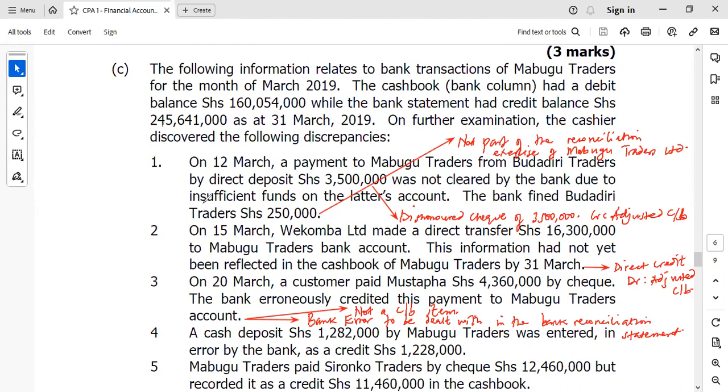Okay, then we move on. A cash deposit of shillings 1,282,000 by Mabugu Traders was entered in error by the bank as a credit of shillings 1,228,000. Still, this is a bank error.